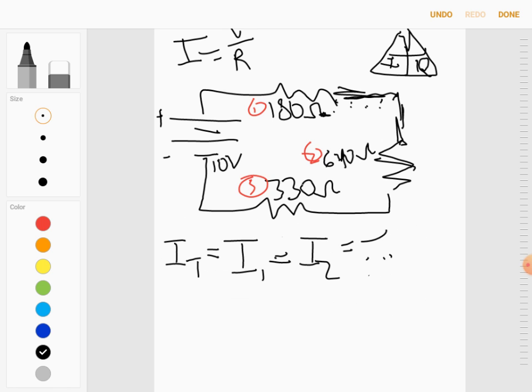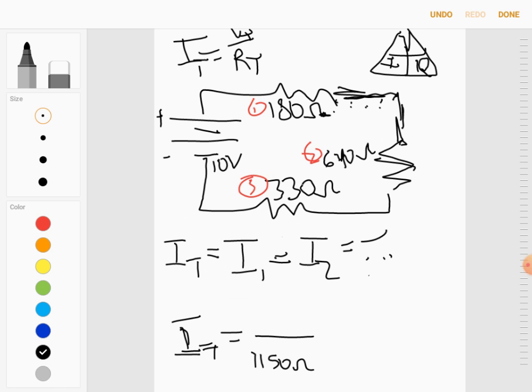And in this case, since we're doing IT, we can do total voltage over total resistance. Well, do we know any of those? We know what the total resistance is. We just found that. That was 1150 ohms.